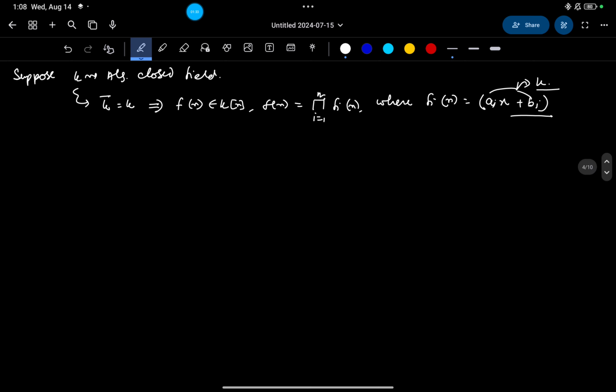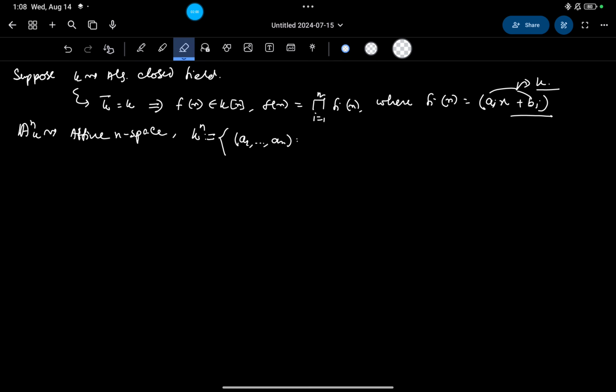Now we define A^n(K), that is said to be the affine n space, to be basically K^n, means the set of all n-tuples, where n is fixed.